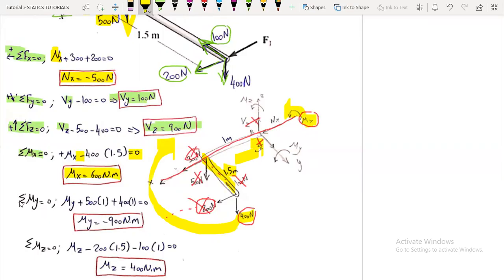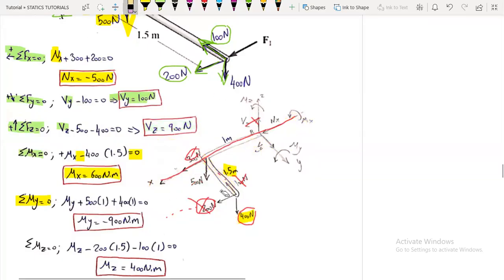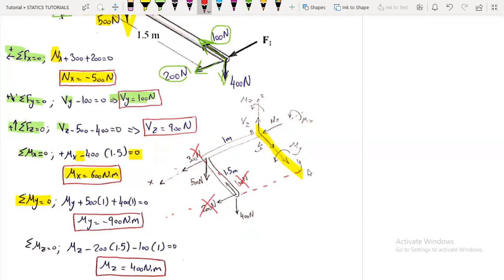Now, the summation of moments about the y-axis. Here is our y-axis. Again, any force that is parallel to the y-axis or passing through the y-axis will not be included. Here the 300 newtons is passing through the y-axis, the 100 newtons is parallel to the y-axis, and the 200 newtons is passing through the y-axis.